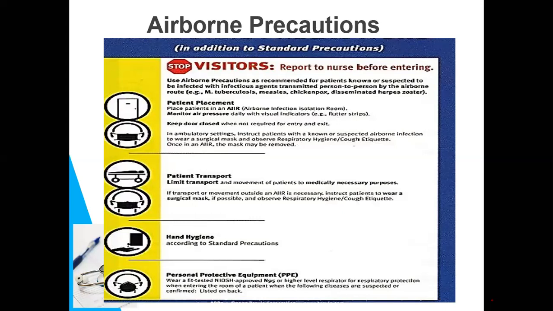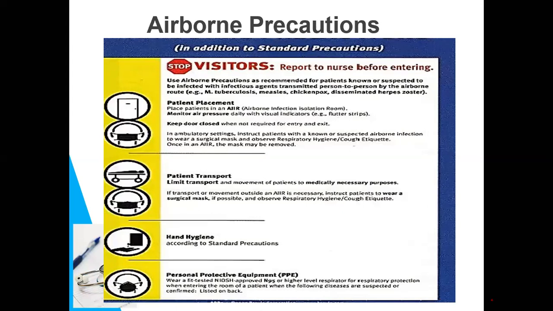The patient should be placed in AIIR, air infection isolation room. وطبعا هنا air infection isolation room differs بالنسبة to those patients with dangerous and highly infectious diseases like tuberculosis.